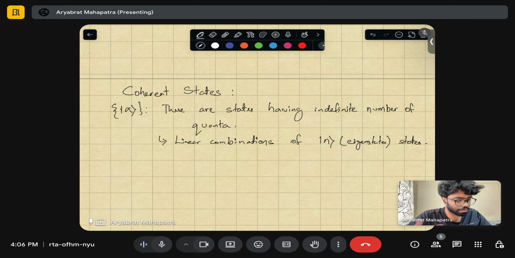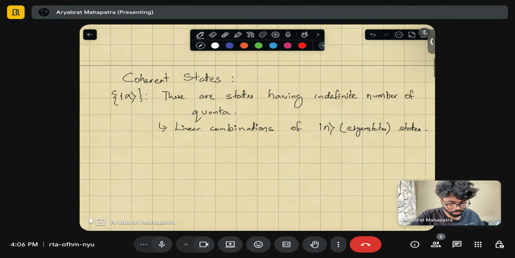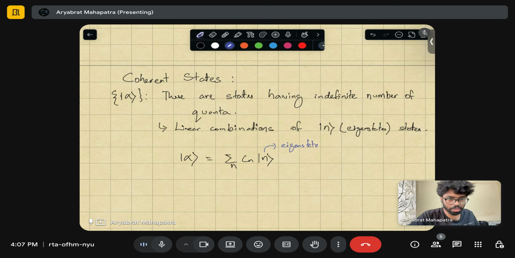Alpha is one such superposed state, a linear combination, and this n can be infinite. It has no bound, there are an infinite number of eigenstates. These n are eigenstates of any given system.